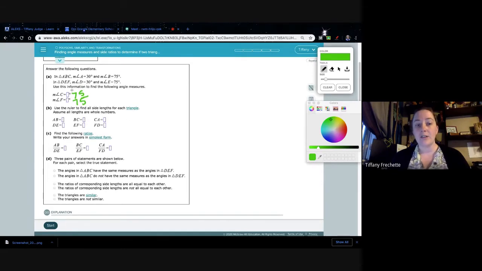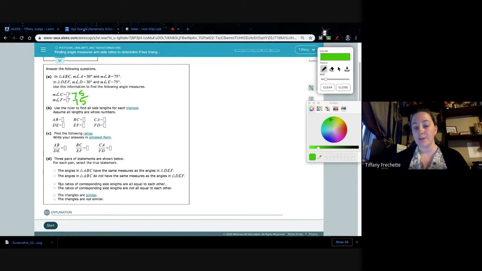As long as all the angles are congruent and all these ratios are exactly the same, then the triangles are similar. So you just have to choose. There are 3 pairs of statements below, and for each pair you select a true statement. So the angles in the triangles have the same measure, or they do not. You choose they do or they do not.